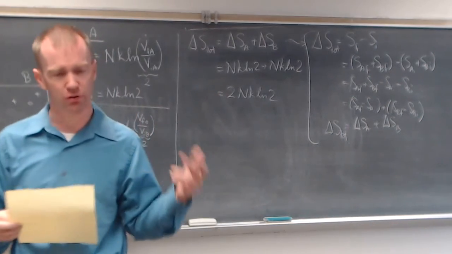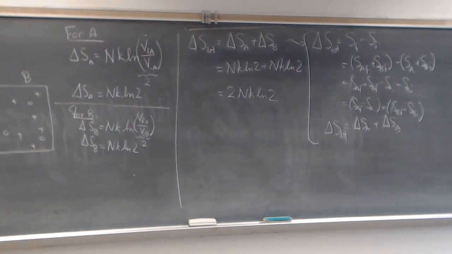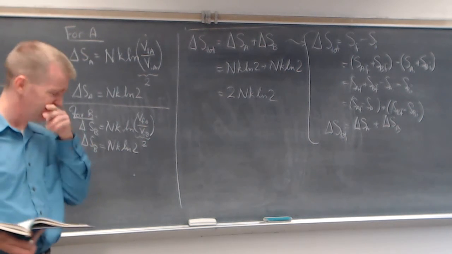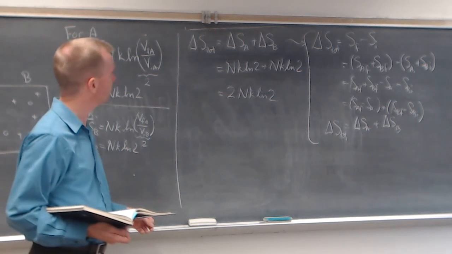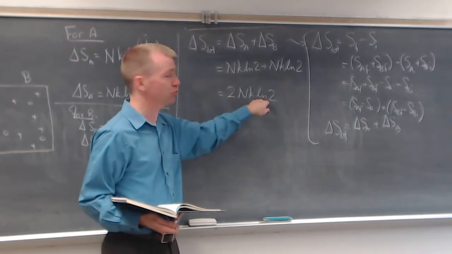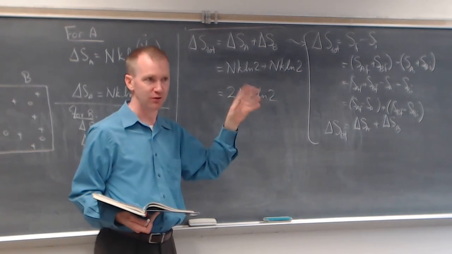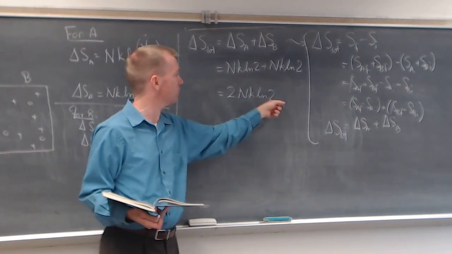So the change in the total entropy is just that. Okay, so that is the entropy of mixing. By the way, this natural log of 2 only comes about because the ratio of the volumes was a factor of 2. It could have been some other factor coming here.